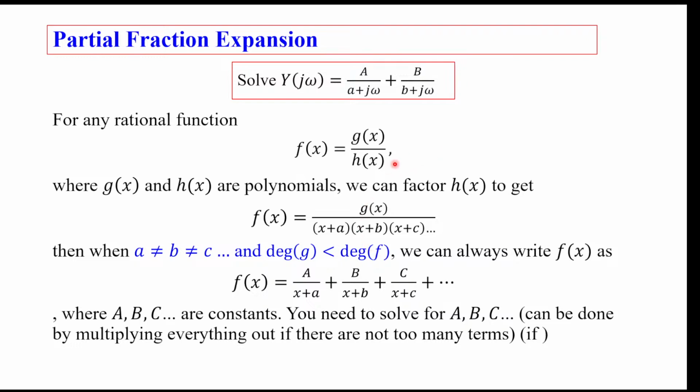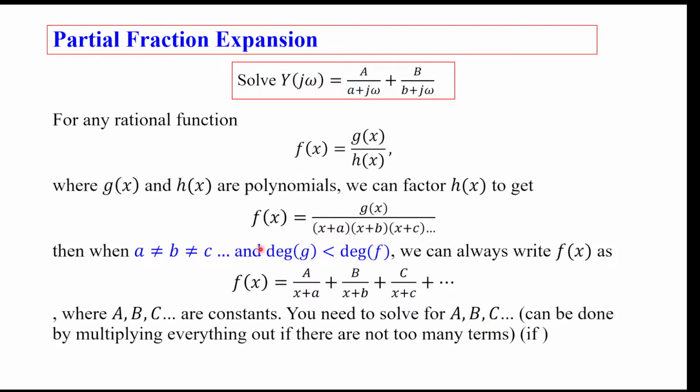A rational function is of this form: a polynomial over another polynomial. To do partial fraction expansion, first we factor the lower polynomial, so it's like x plus a, x plus b, x plus c, so it has those roots minus a, minus b, minus c, etc. You can always factor this because it's a polynomial.